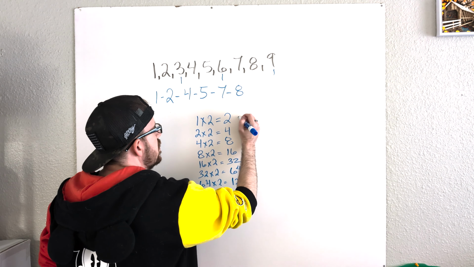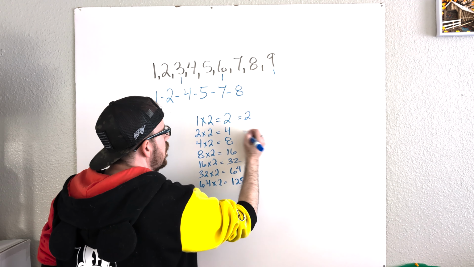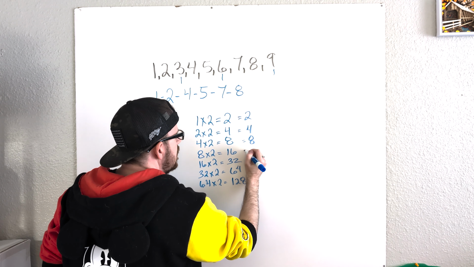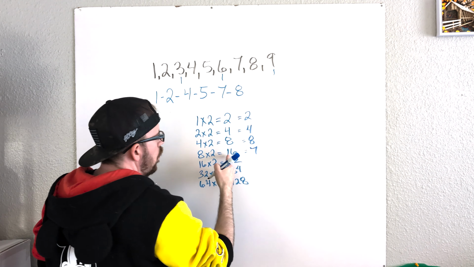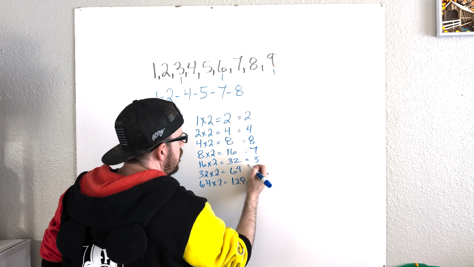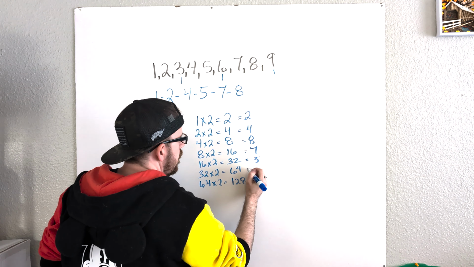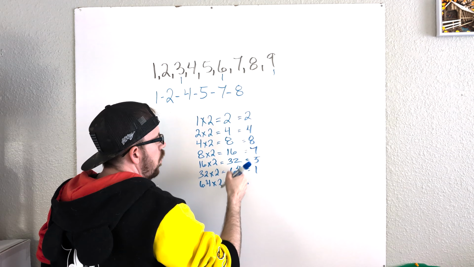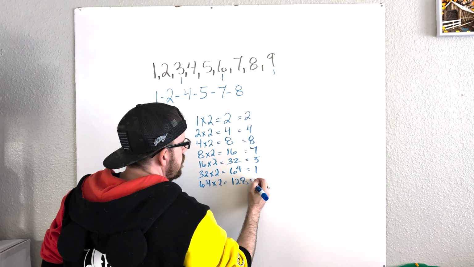Okay? Now, if I were to continue this, just doubling, I'm going to end up just putting the next number here. What you'll notice is I've got a 2, I've got a 4, I've got an 8, I've got a 7. 1 plus 6 is 7. I've got a 5, 3 plus 2 is 5. I've got a 1, 6 plus 4 is 10, and 1 plus 0 is 1.